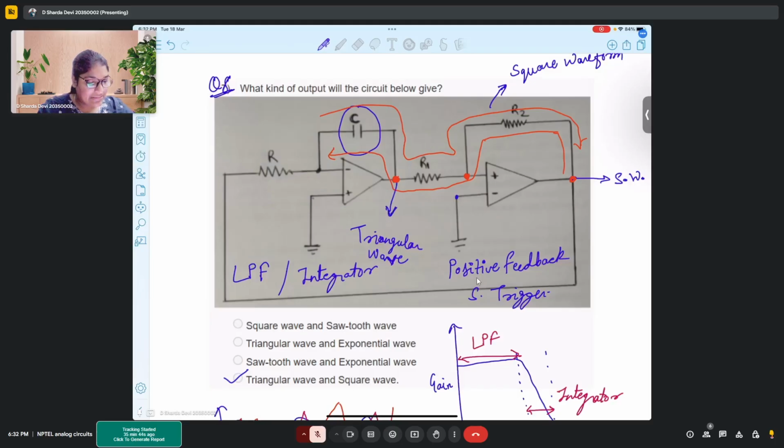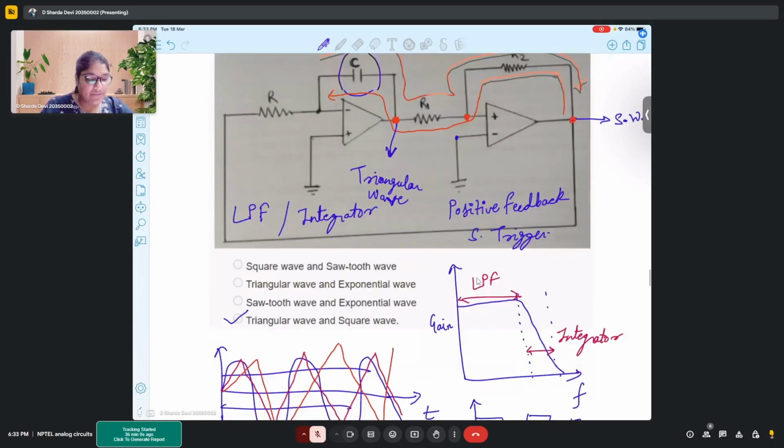Yes, is this clear? Any doubts? Okay, if there are no doubts, maybe we can move ahead.